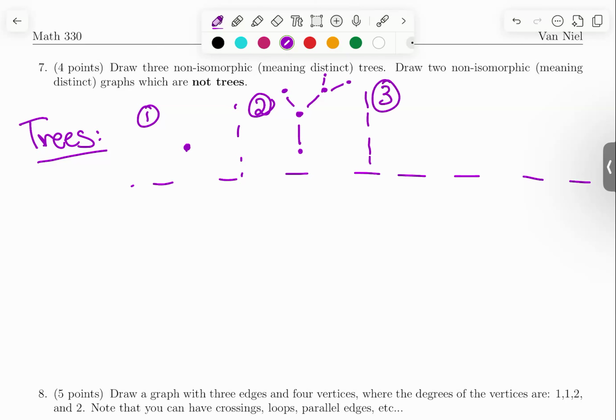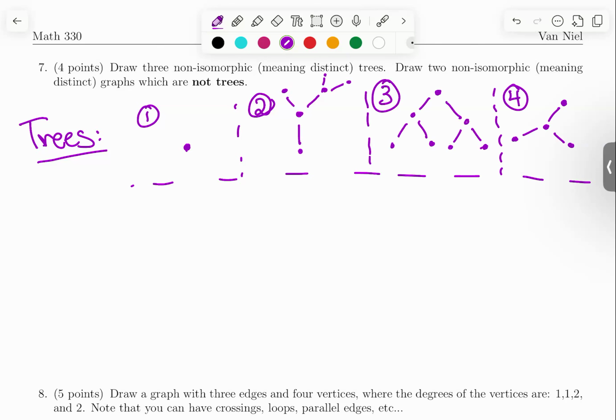What else can I have? I can have the one that looks like a root system. Just need to be careful that I didn't accidentally make those isomorphic. I did not. I said a lot more, and now I'm already running out of ideas. Oh, I can do like the little starburst, sunburst thing.